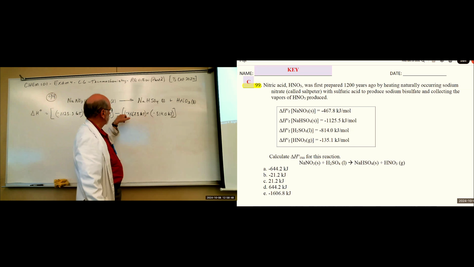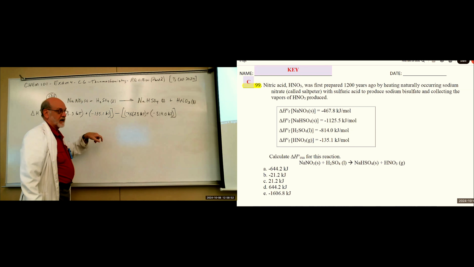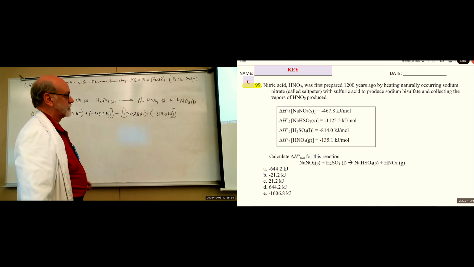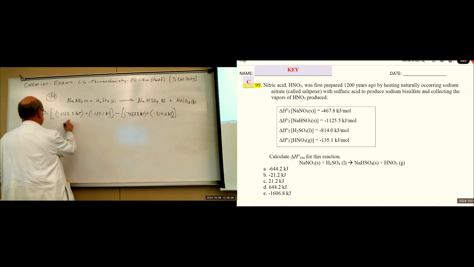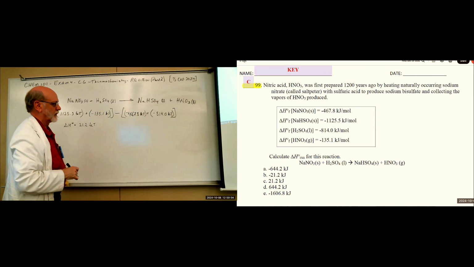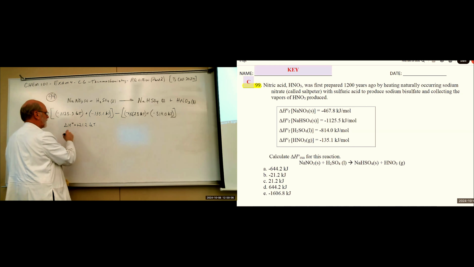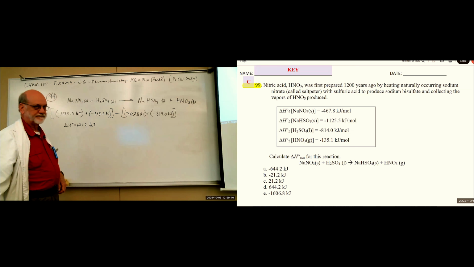These are two negatives, times a negative, will be a positive. And you should come out with 221.2 kilojoules. Positive. So that means this term is going to be bigger than that term.